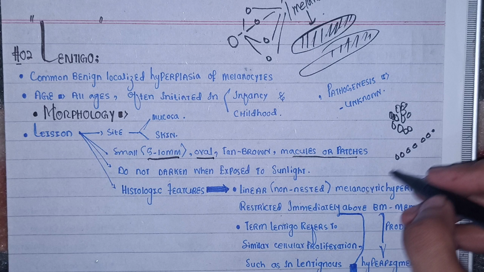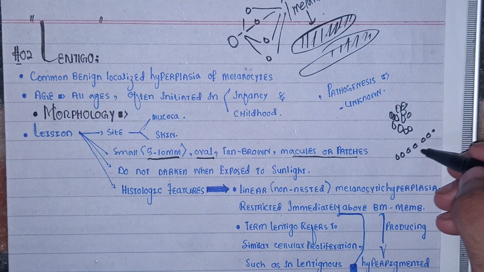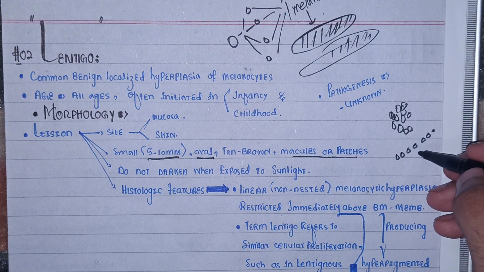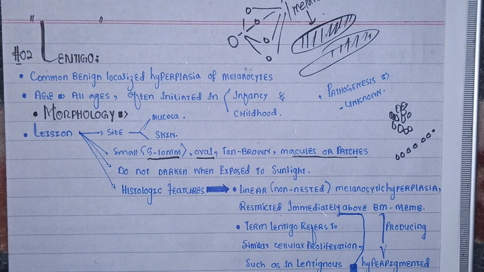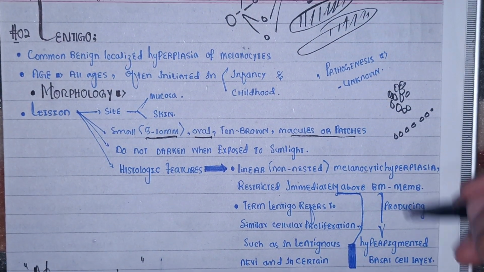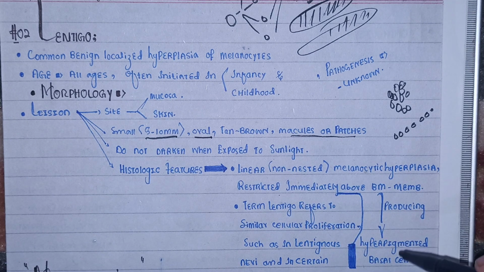This is non-nested linear melanocytic hyperplasia, restricted immediately above the basement membrane. Why immediately above the basement membrane? Because melanocytes are produced in the basal layer, and the basal layer is just above the basement membrane. Obviously if melanocytes undergo hyperplasia in the basal cell layer, it will produce a hyperpigmented basal cell layer also.